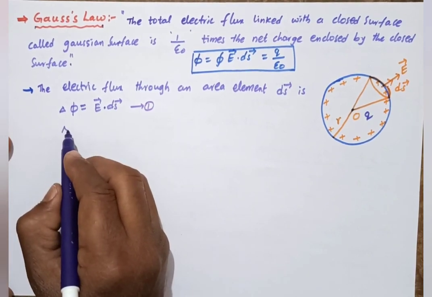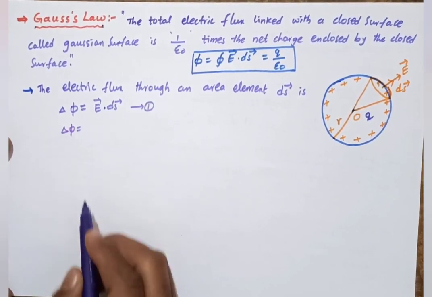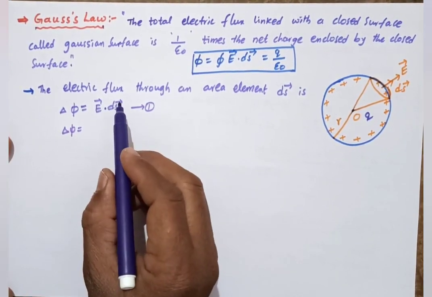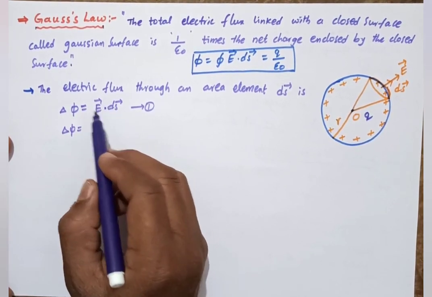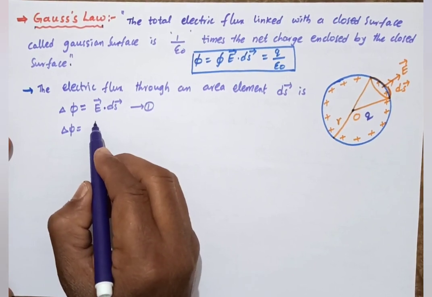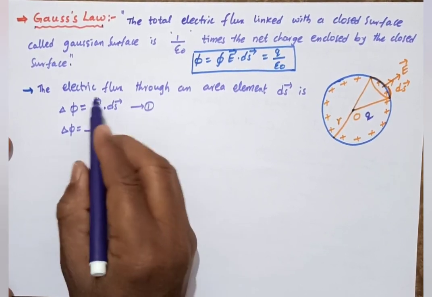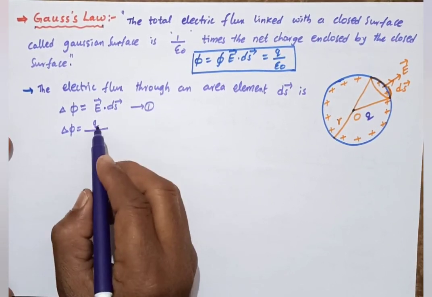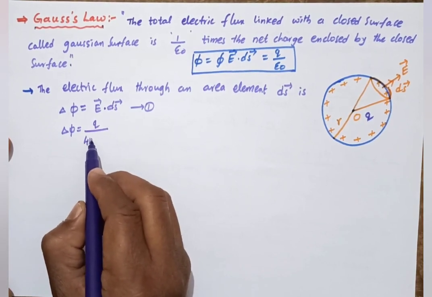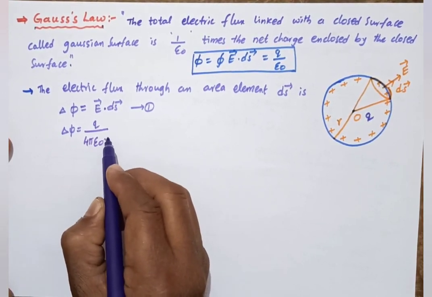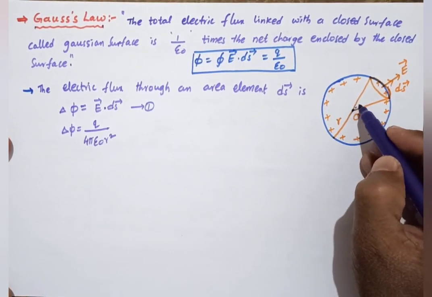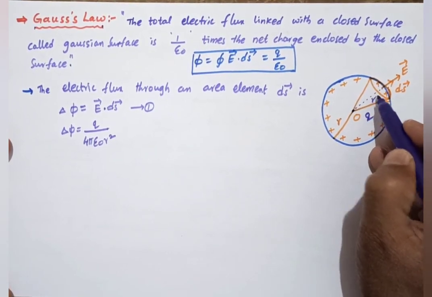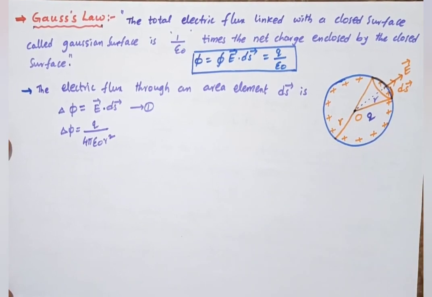Now delta phi equals, from Coulomb's inverse square law, the electric field equation is q by 4 pi epsilon naught into r square. The distance from the center, from q, is r.